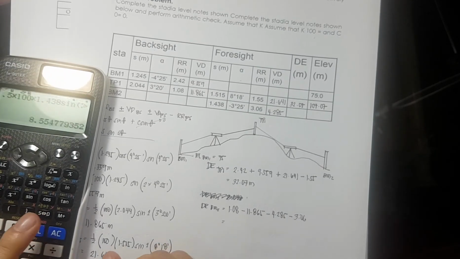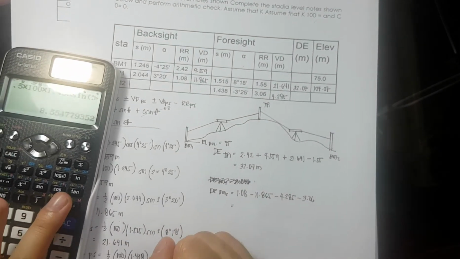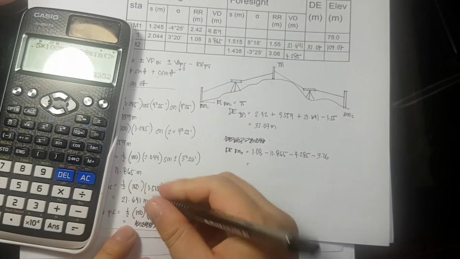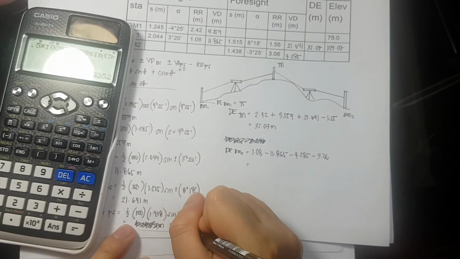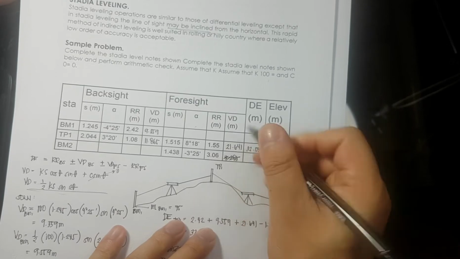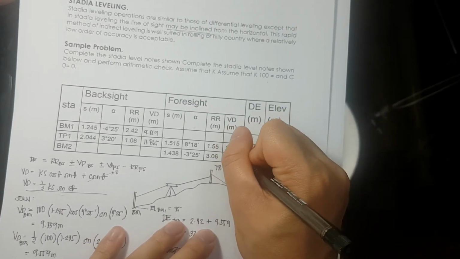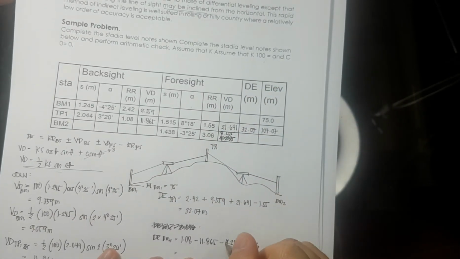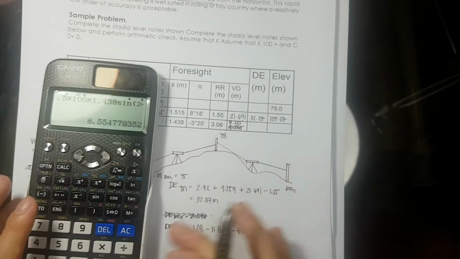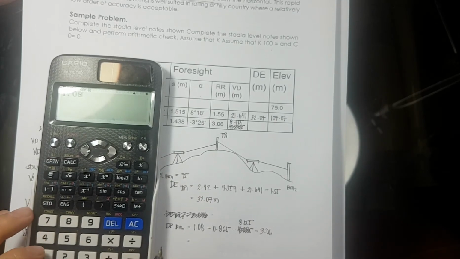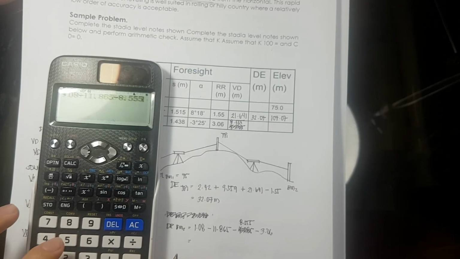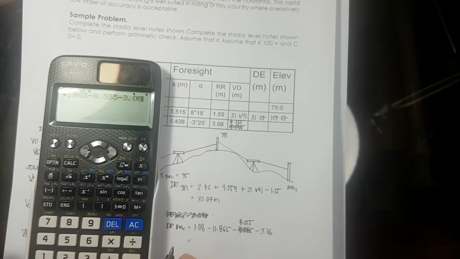So, it is not 4. Rather, it is, mali ito. Mali yung input natin sa calculator. It is 8.555. Okay? So, 1.08 minus 11.865 minus 8.555 minus 3.06.